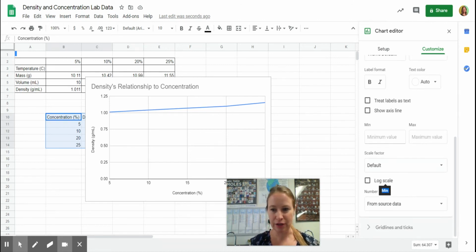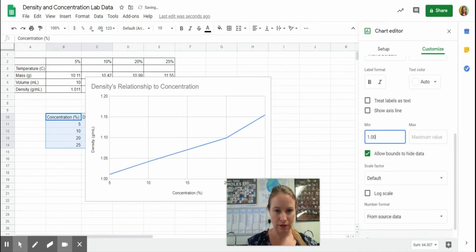So the minimum value, let's set that to 1.00. Now we can see it a lot better. Okay. And you know what else? This should cross at the 0 line. Okay, so 1 exactly should be 0. Doesn't look like that is the case.